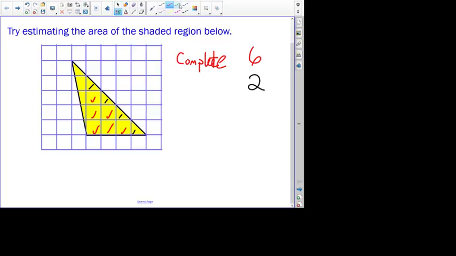I can see that these 3 pieces probably add up to one whole, and these 2 pieces probably add up to another whole. So I get another 2, which makes an area of 10 grid squares. Okay?